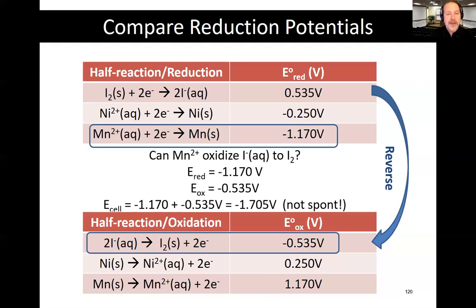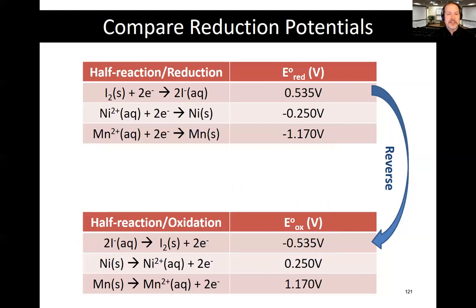Then I'm going to think about adding those two potentials together, and I end up taking the negative 1.170 volts plus the negative 0.535 volts of the reversed reaction, the half reaction for the oxidation, and together I get a negative 1.705 volts. This reaction will not take place between these two. That was like the worst combination one should use for this. Not going to work.